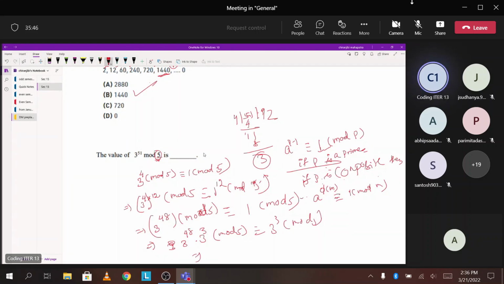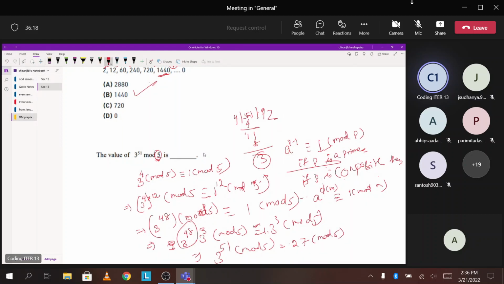So 3 to the power 48 is congruent to 1, so that's 1 into 3 to the power 3. That's why, when 48 plus 3 is added, 3 to the power 51 mod 5 is congruent to 27 mod 5.